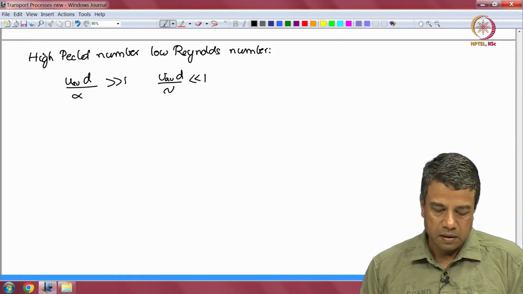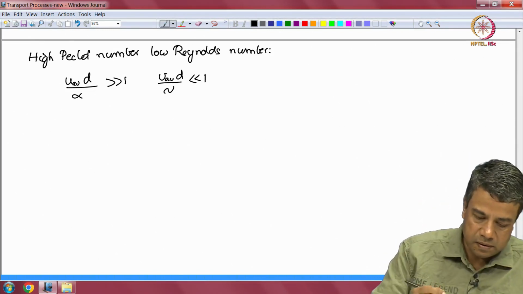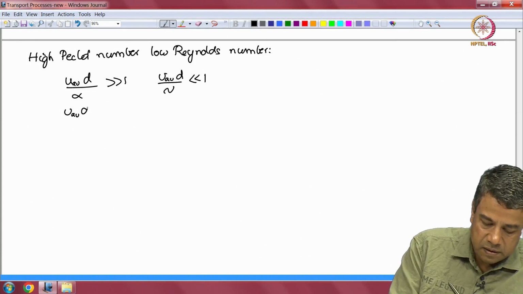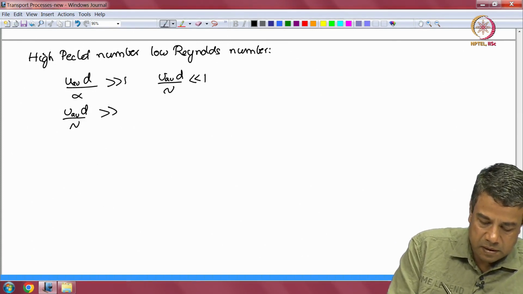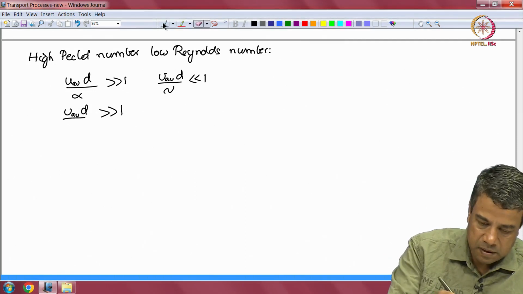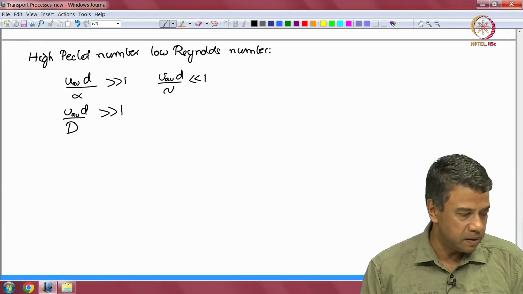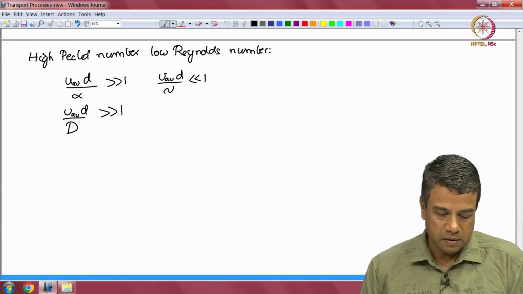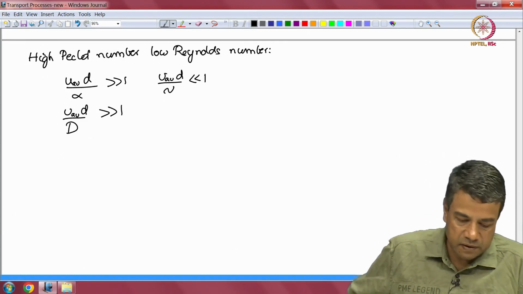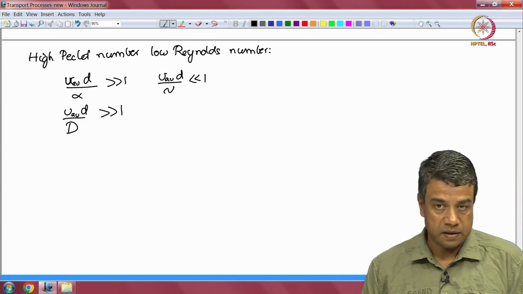Okay. So, a necessary condition for this is that V average d by D for mass transfer is much greater than 1, or for energy transfer, V average d by alpha is much larger than 1, and the Reynolds number is very small.